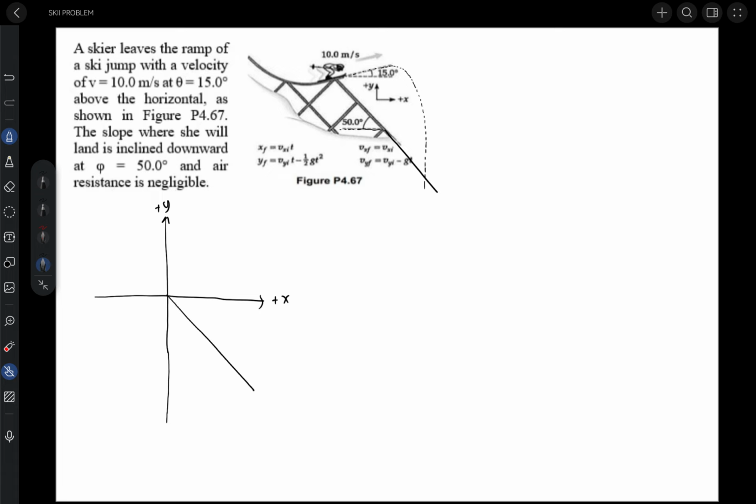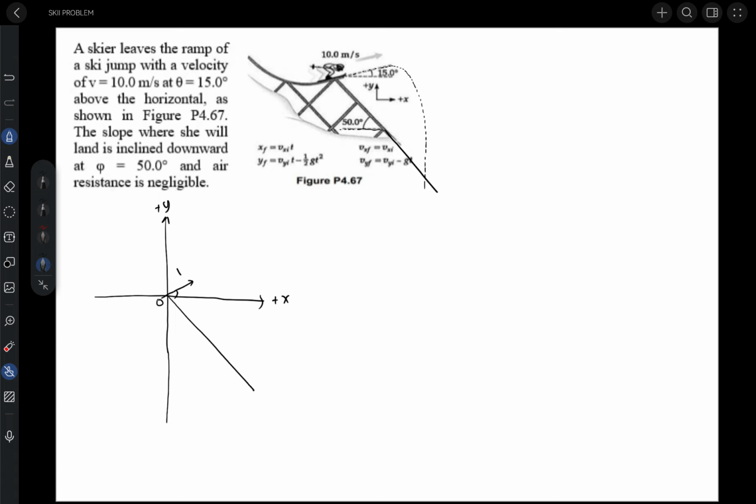Oh, this is the platform rather. The point at which the skier leaves the ramp is my origin. The skier leaves at an angle of, let's just approximate, 15 degrees, somewhere that way.